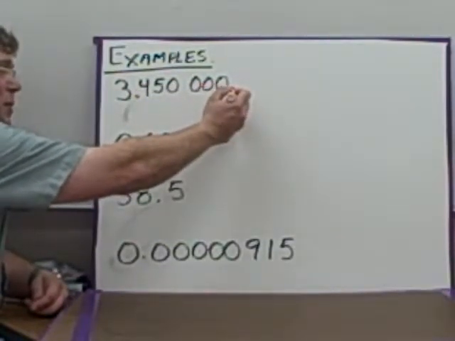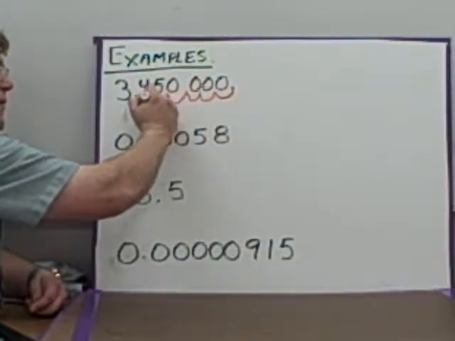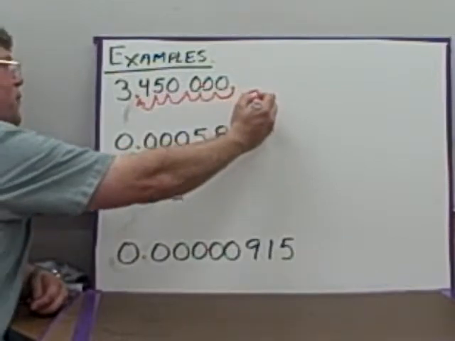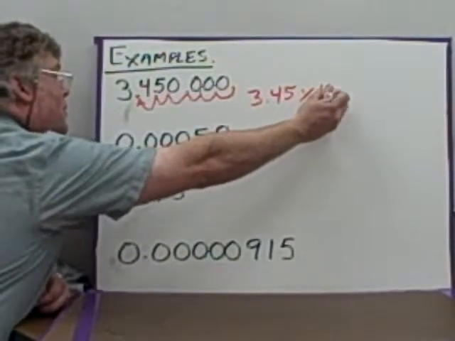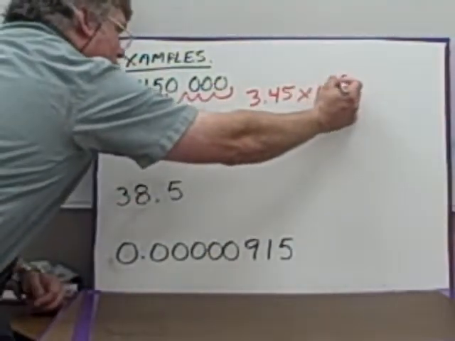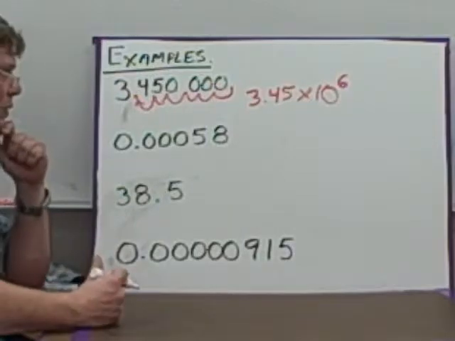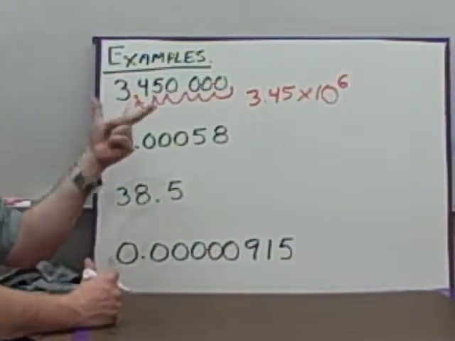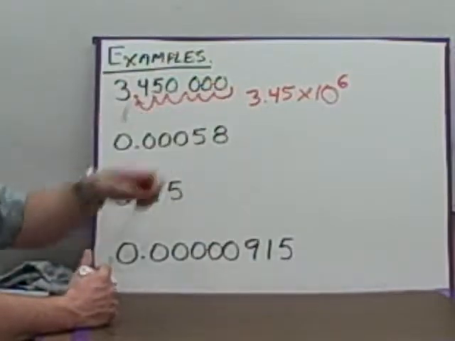How many places did it move? 1, 2, 3, 4, 5, 6. So I have 3.45 times 10 to the 6. I move to the left, so it's going to be positive.